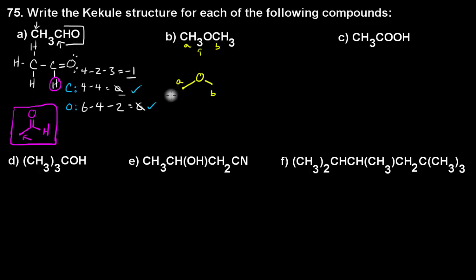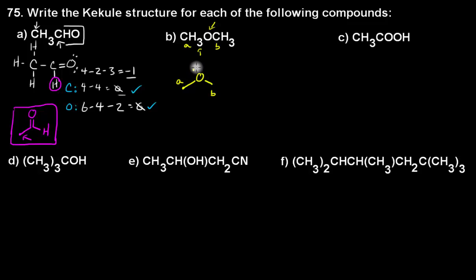One thing to keep in mind, just to make sure you're okay with it, is the fact that this oxygen up top, right here, doesn't have any charge. We know that because, at the very beginning, we would have to say whether the molecule as a whole has some kind of charge on it. And since the molecule overall is neutral, that means this oxygen has to have 2 lone pairs.